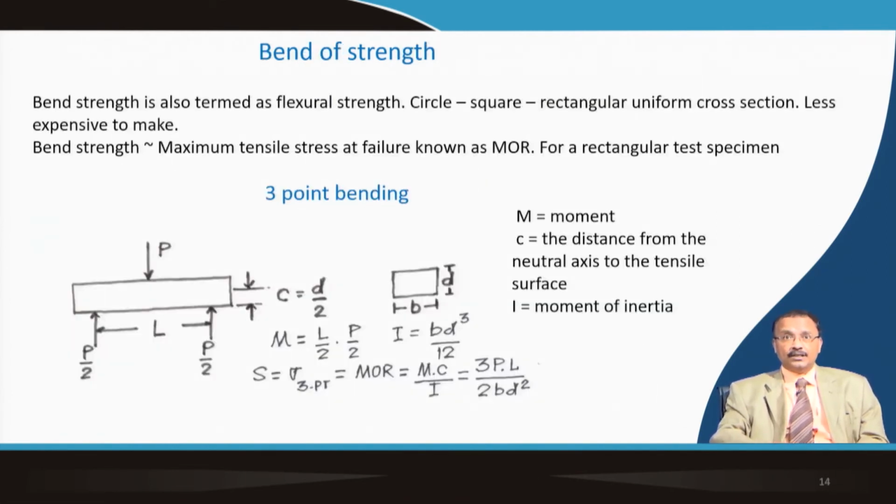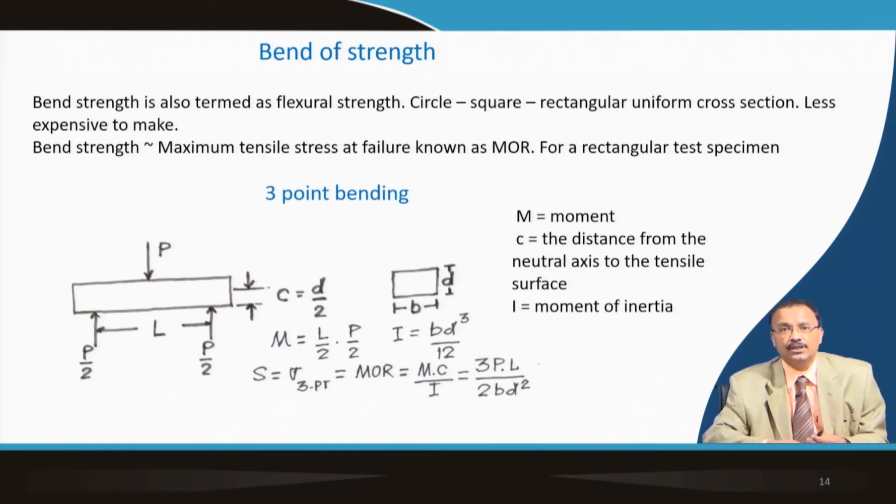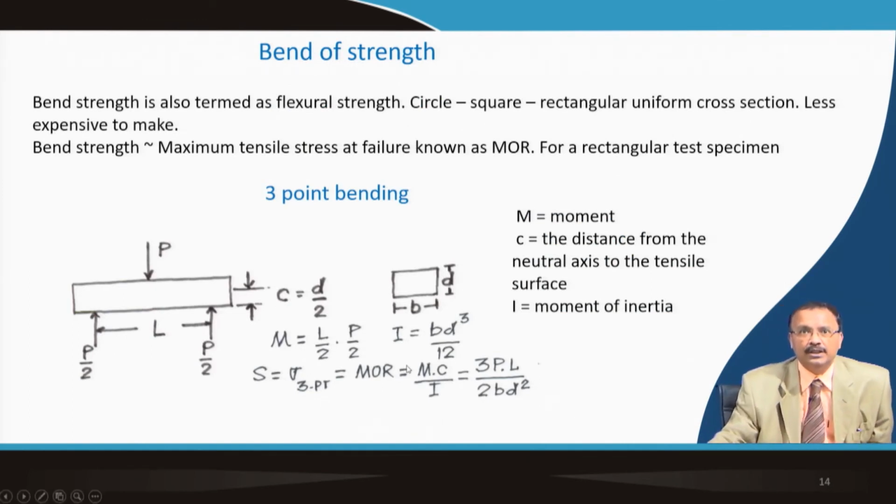Usually, we measure the bend strength. So, this already I have described earlier. So, 3-point bending is done, 2 supports are there. So, you know that this is the span length. So, first you calculate the moment and moment of inertia.